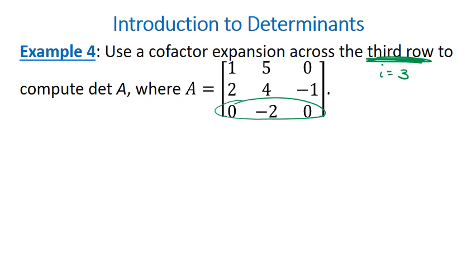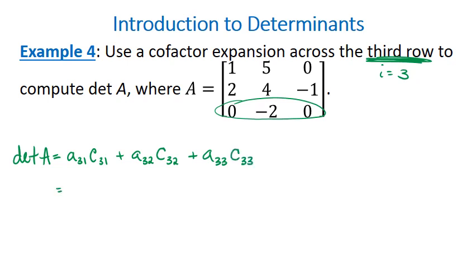Okay, so let's set up our formula. The determinant of matrix A, since we are interested in the third row, first we'll look at the third row first column. Then we'll look at the third row second column. And then we'll look at the third row third column.